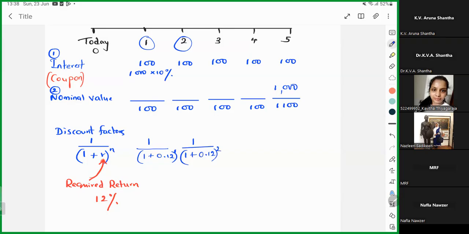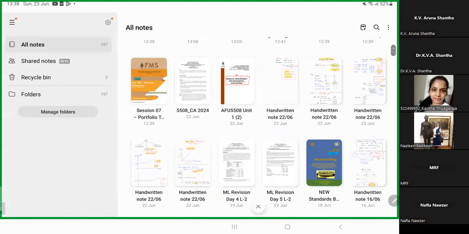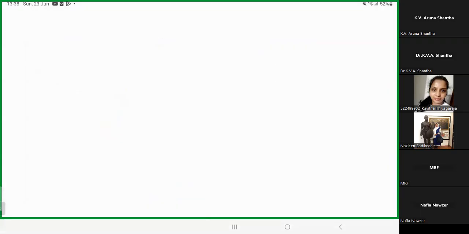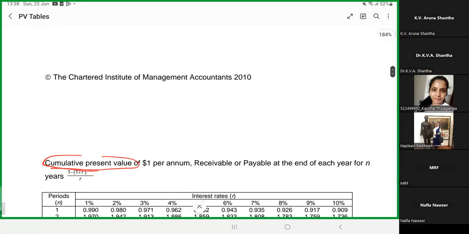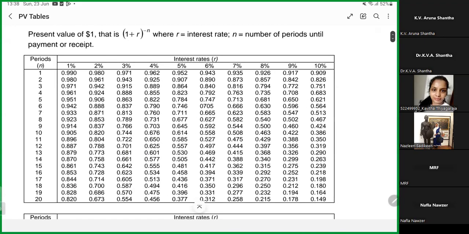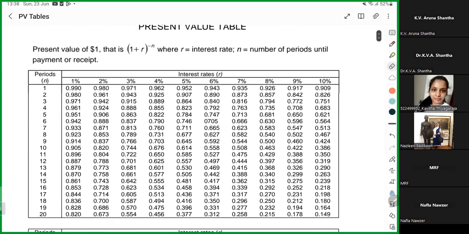Now you get each year's discount factor. You can calculate like this, or you can use the present value table. You will see this kind of present value table in your course material.